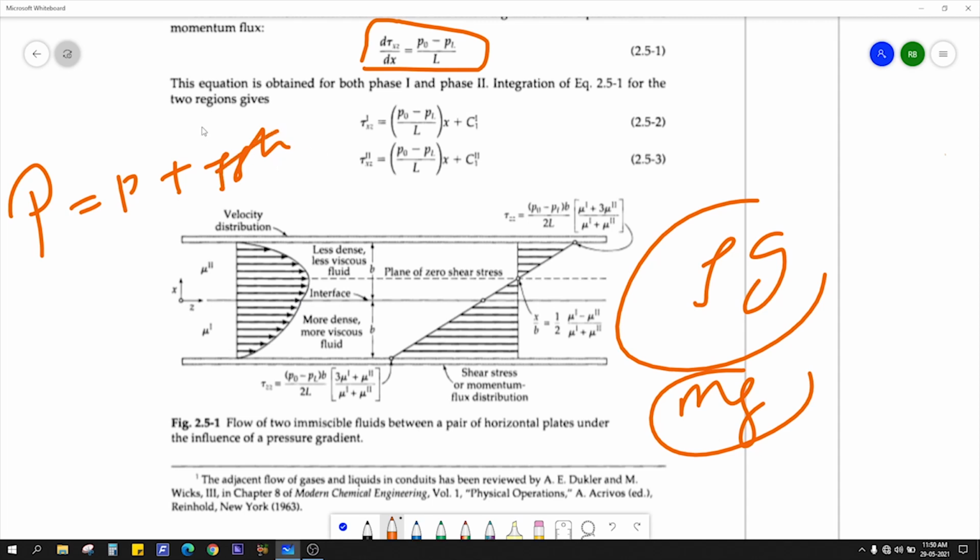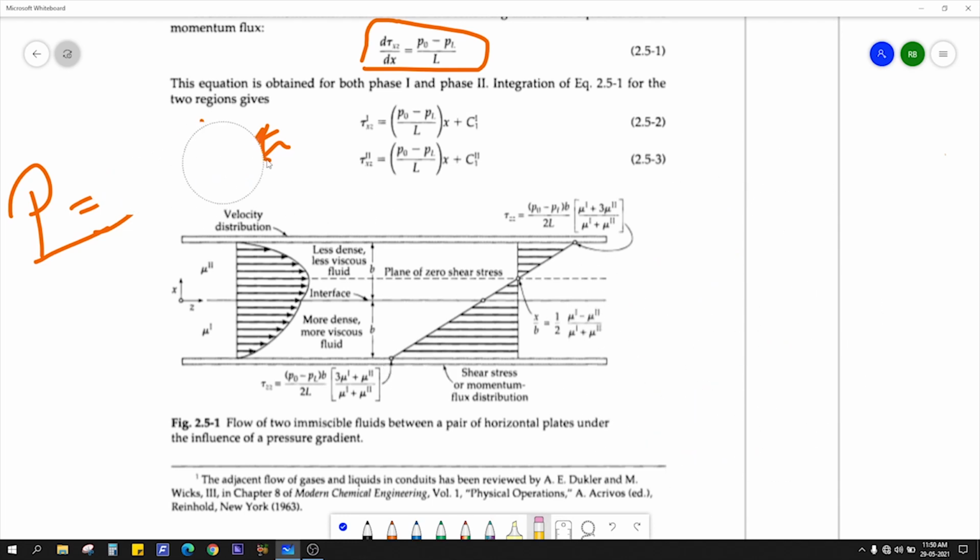There is no contribution from this, so we only have the pressure. That's why here we are using only the pressure, not the modified pressure. The fluid is flowing only because of the pressure difference, not because of gravity.